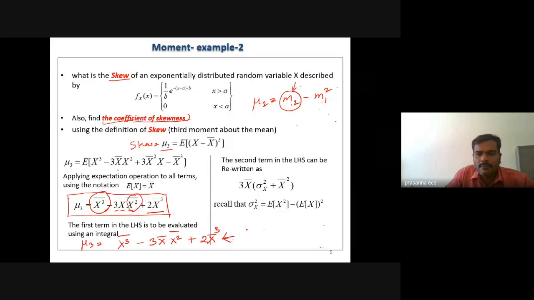So what can you write in terms of mu2 and m1? You can bring m1 to the other side. So mu2 plus m1 square will be your m2. Is that clear?